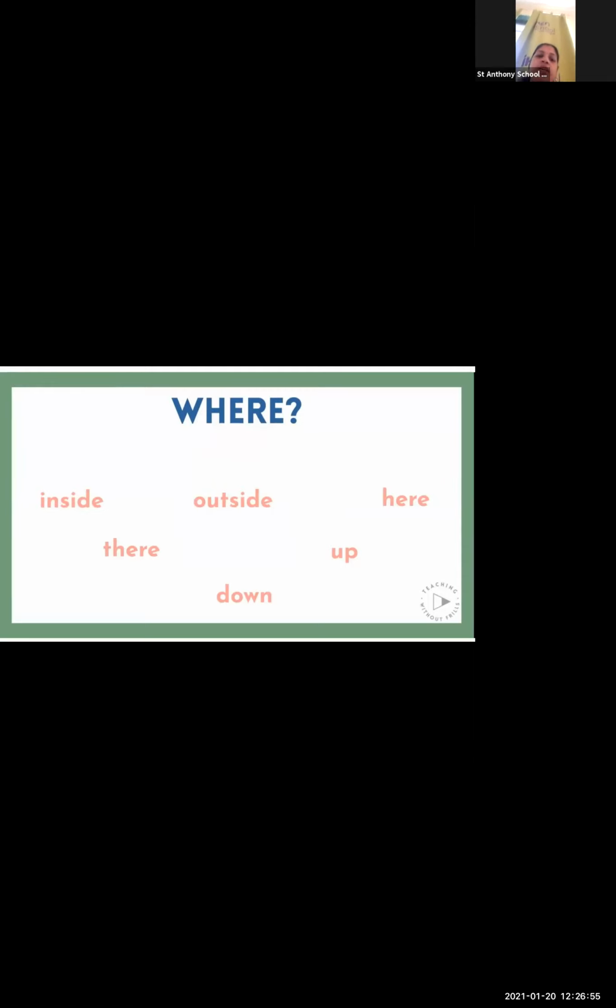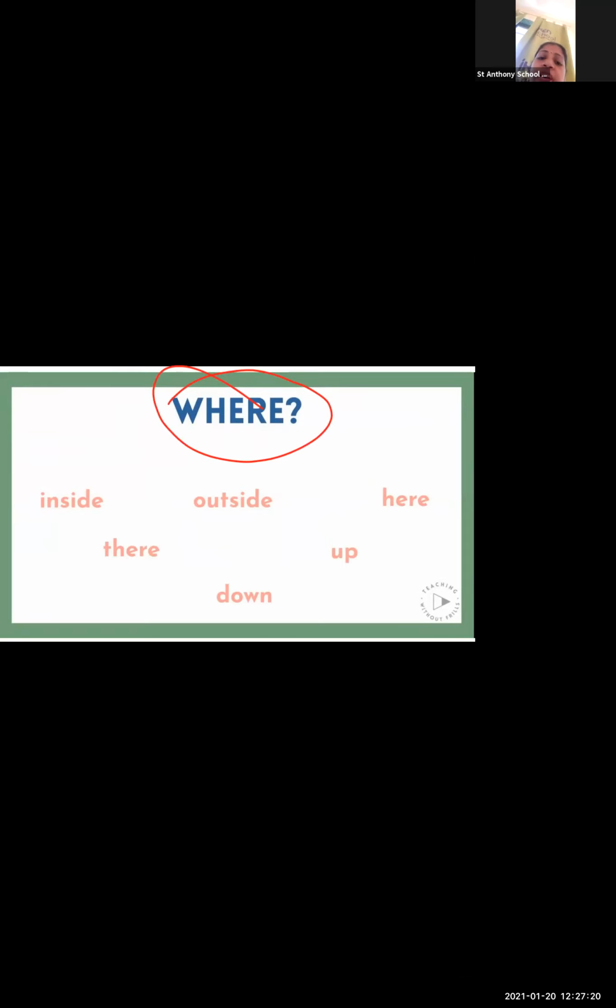Now let us try to understand the adverb in where. Inside, outside, here, there, up, down. These all are adverbs. So these all are the answers for the question where. Where are you going? Outside, inside, look up, look down.